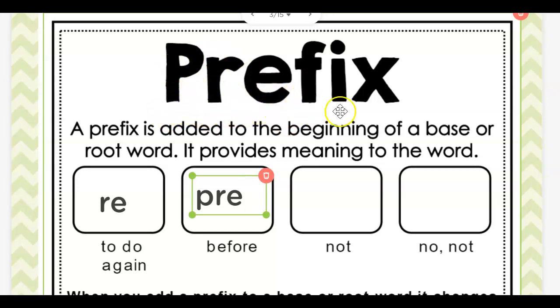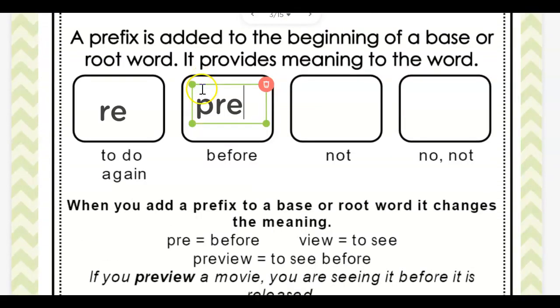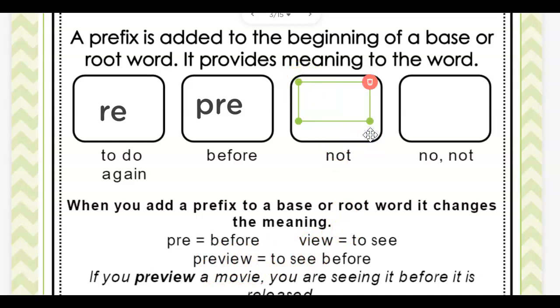Pre and fix means that before you are fixing it. So it's before. Or preheat. You preheat your food. Or preview. You see it before you see the movie. You view it before.